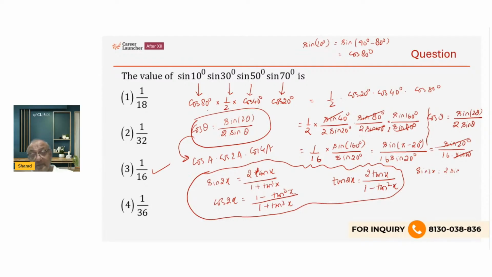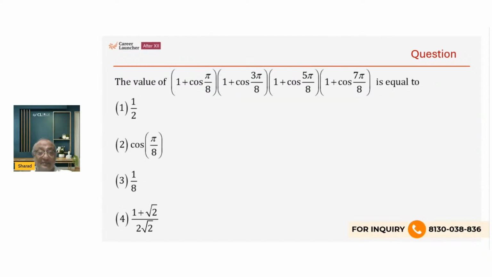So there could be a problem which relates to cos 2x. Let us see. Does it have that? No, it does not. But it also tells you a different kind of concept. Cos 7 pi by 8. Focus here.